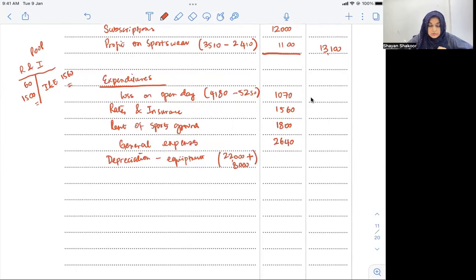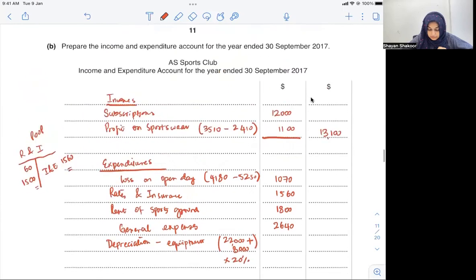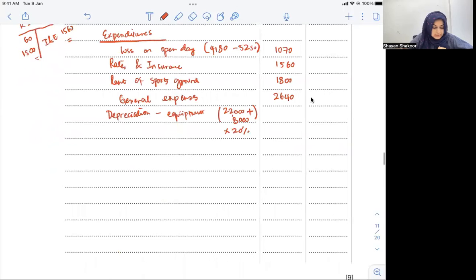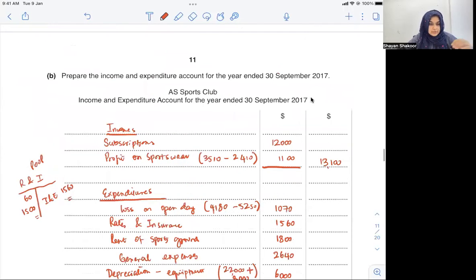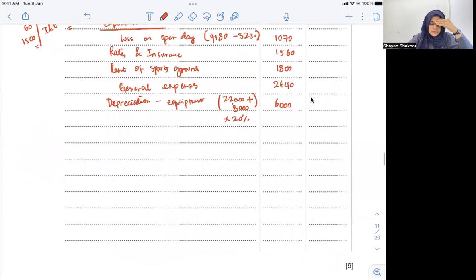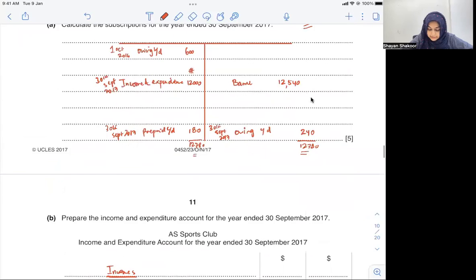So that totals to 30,000, multiplied by 20%, which gives us 6,000 as depreciation of equipment. So we just had to calculate depreciation on cost. We added the cost at the start of the year plus the cost of the new equipment that we bought, and then multiplied by 20%. So we have one more expense here.